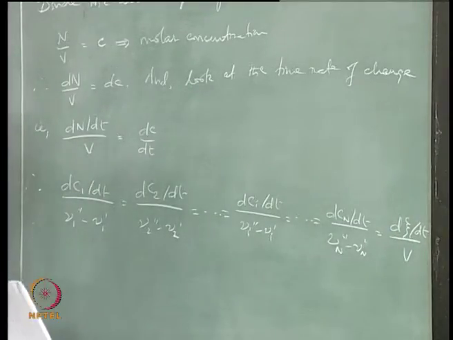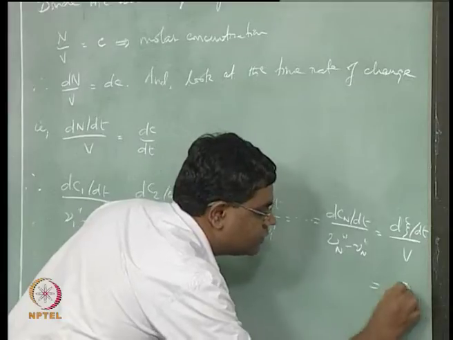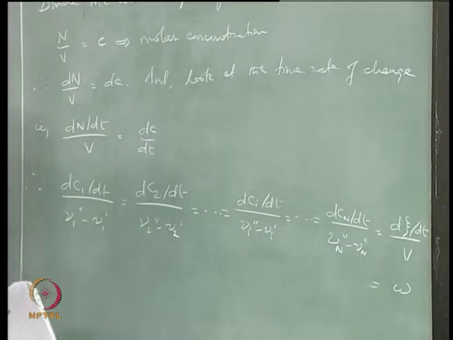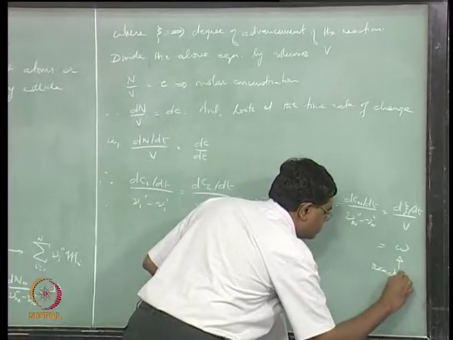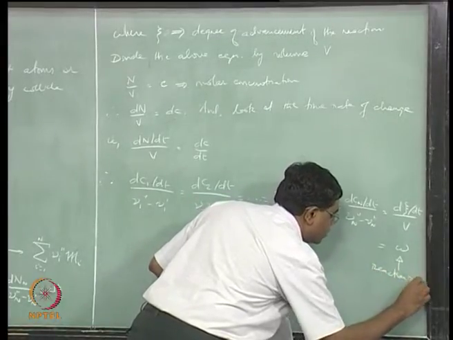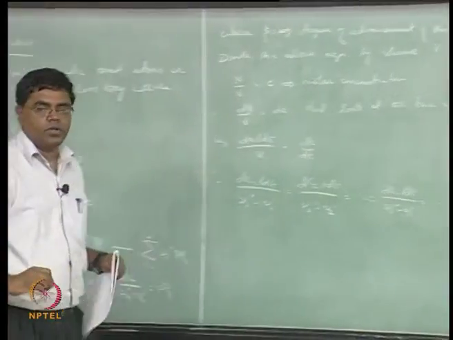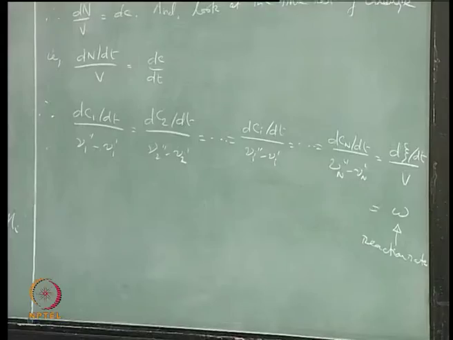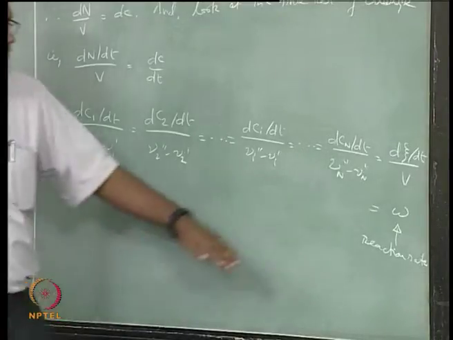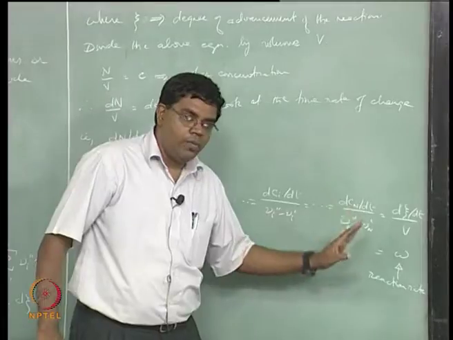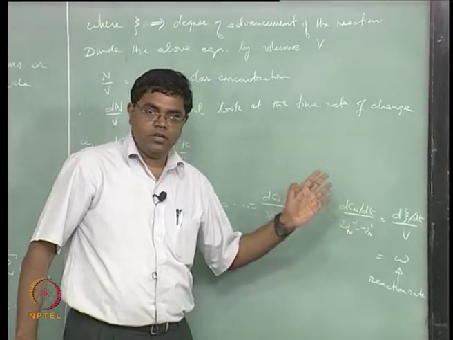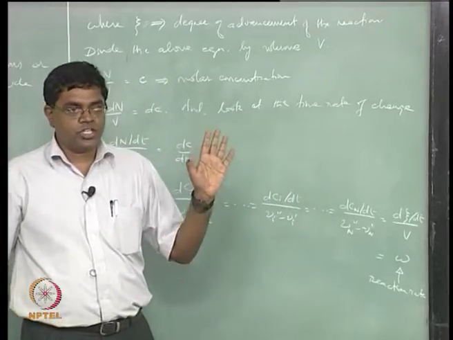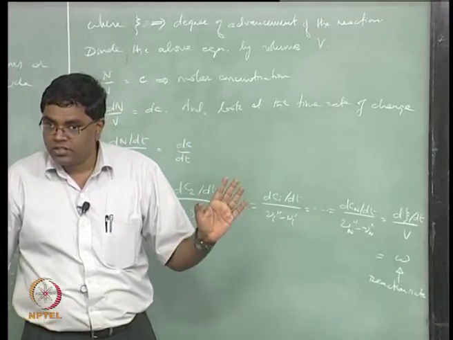So this is what we would like to call omega, which stands for the reaction rate, right. In that sense, the reaction rate is a term that is common to a reaction, alright. You are given a reaction, that means it will have a reaction rate, okay.